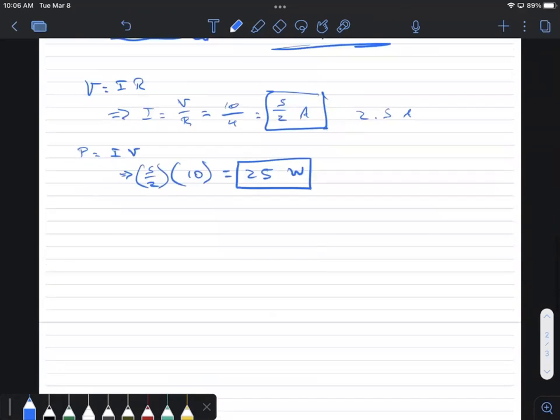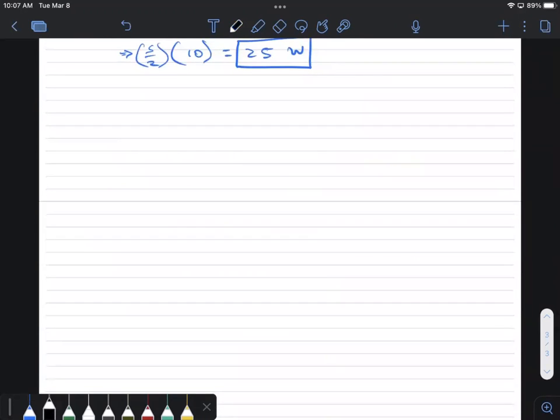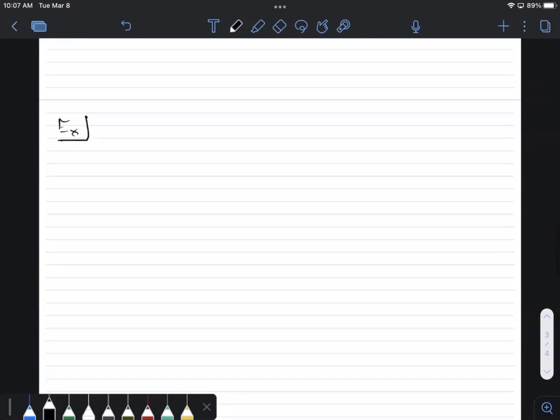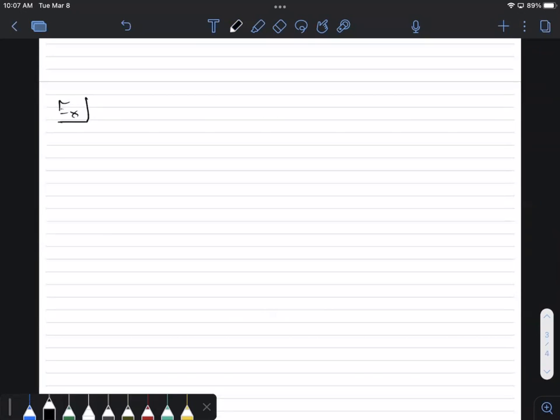Let's try another example. Again, same question, find the total current and total power.